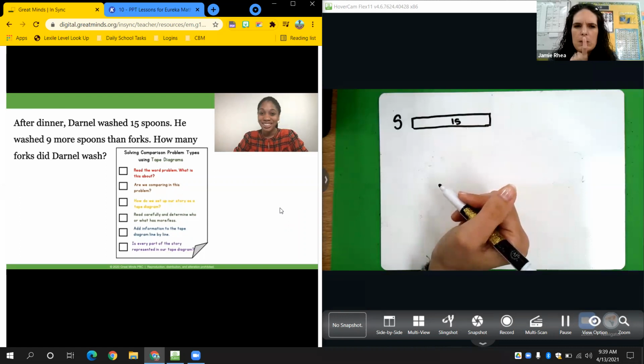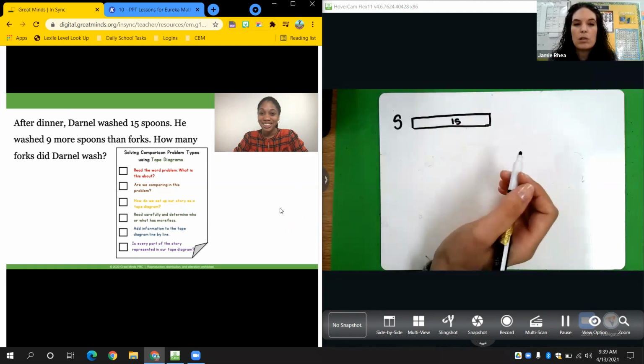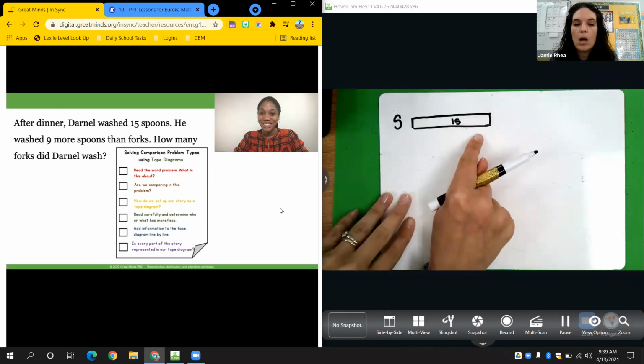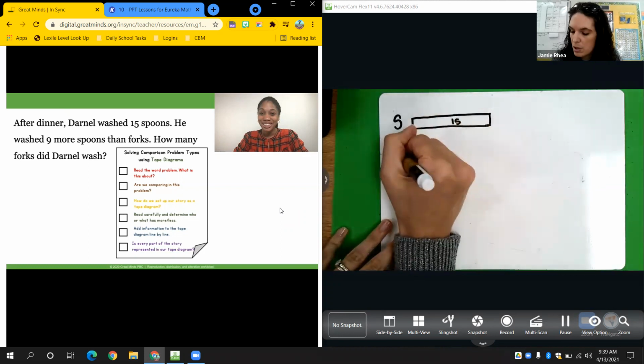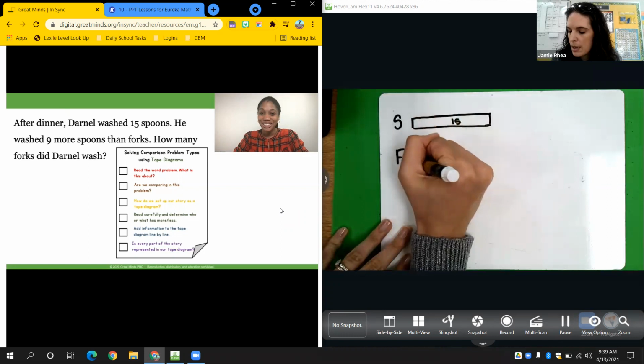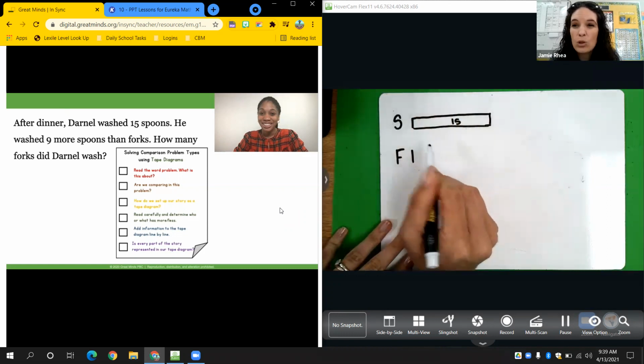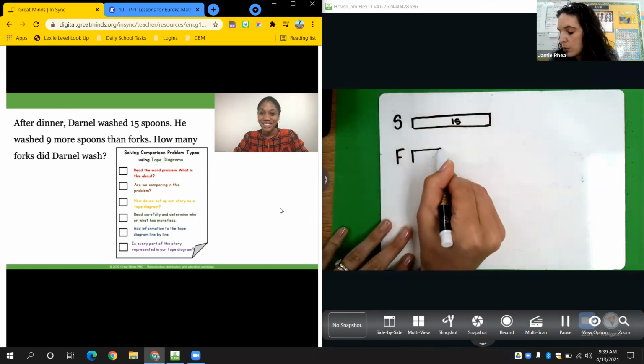Okay, so do the spoons have more or do the forks have more or less? So let's read that again. He washed 9 more spoons than forks. So that means the spoons had more. So we're gonna make our forks a little bit smaller. And remember, he had 9 more spoons. So we're gonna really make that small.